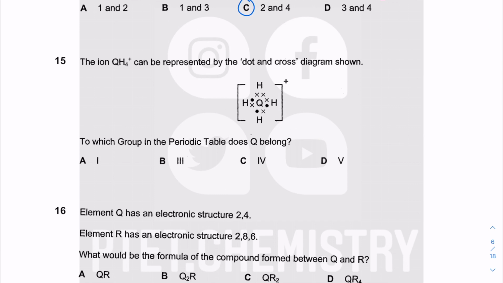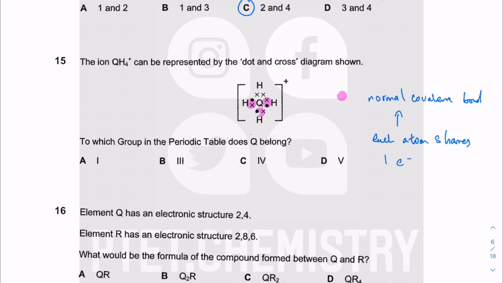Next thing, this is to do with working out which group of the periodic table Q belongs to. If you look at this carefully, it looks like Q has 4 covalent bonds, but this is a normal covalent bond, normal and normal. I say normal covalent bond because each atom shares 1 electron from each atom. 1 dot, 1 cross, 1 dot, 1 cross, 1 dot, 1 cross.